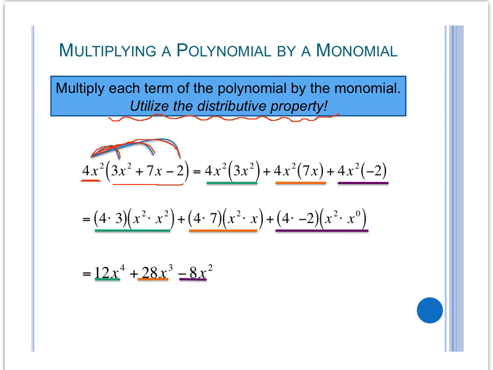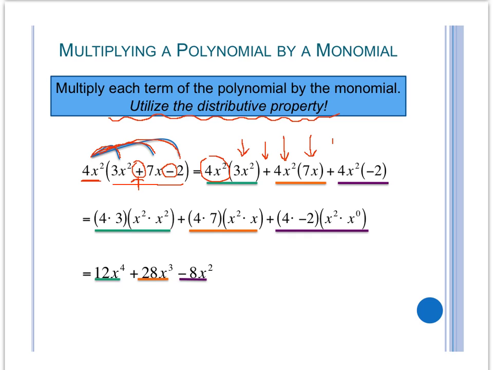So when rewritten, we have the monomial times the first term, and then we want to make sure that we keep those operations in mind from the polynomial. So we had an addition over here, so we have to keep that addition, and then we'll multiply the monomial by the second term in the polynomial.